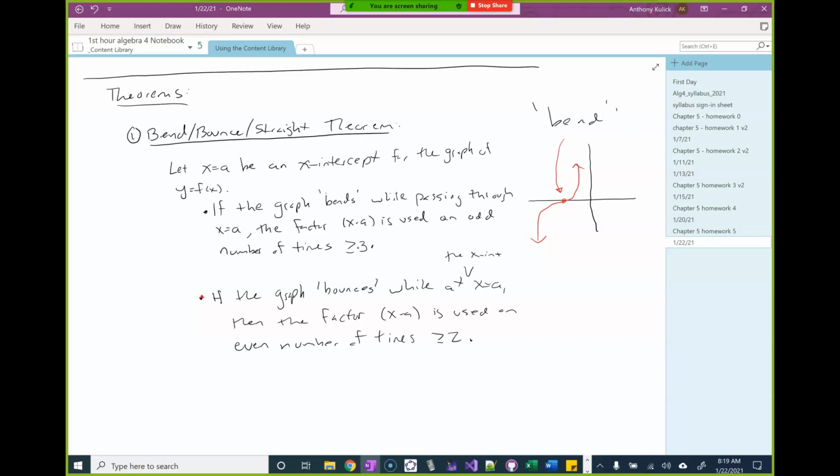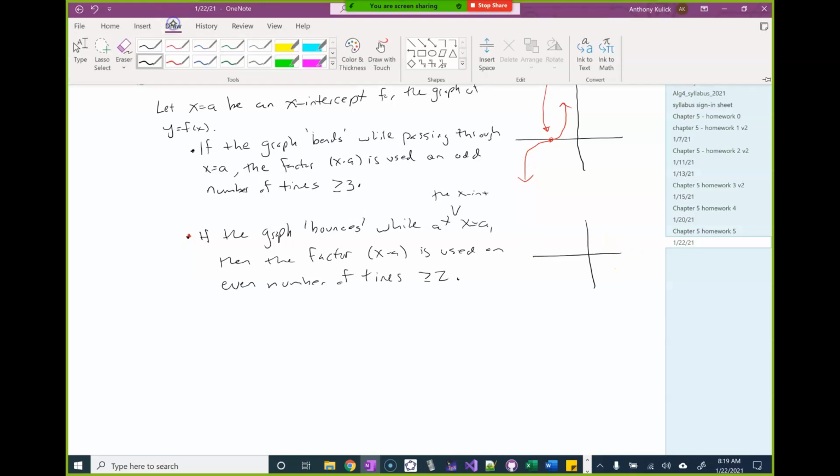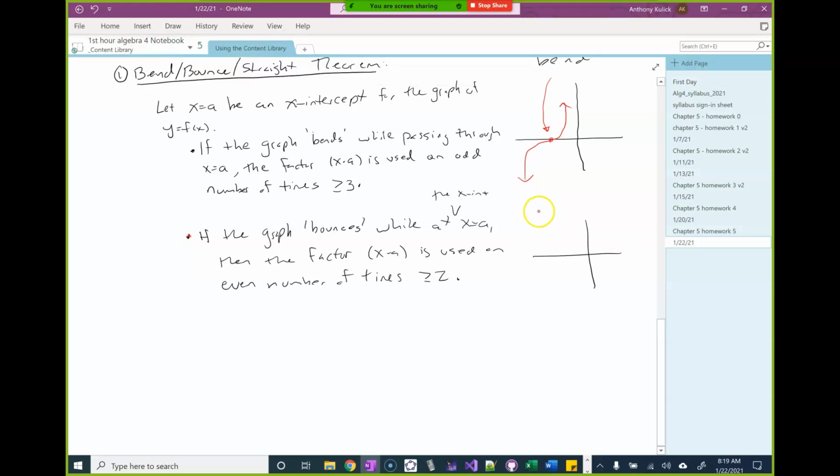So the next one, what does a bounce look like? That's what we mean by a bounce. You see how the graph kind of hits the x-axis and then goes back the same direction it was coming. Like it's hitting the ground and bouncing.